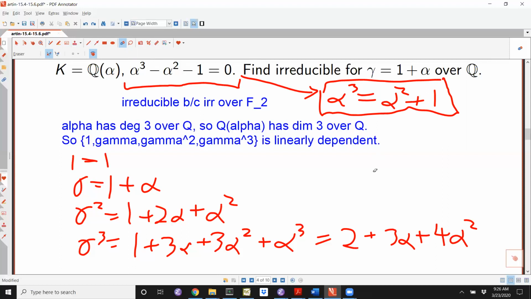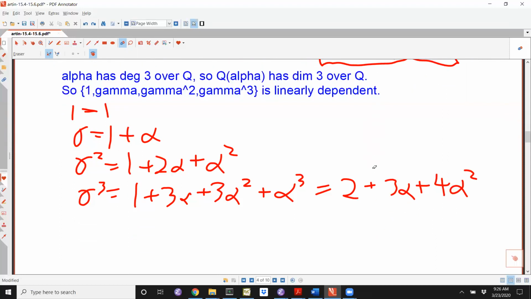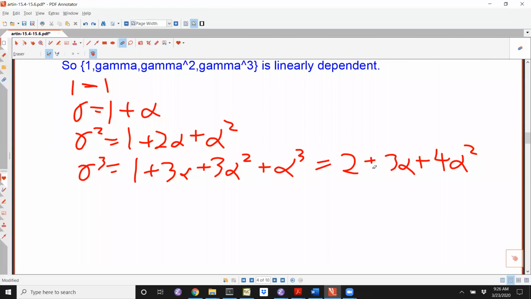So this fact that alpha cubed is equal to alpha squared plus 1 is what allows us to compute here. That was the key point, that we get from here to here, because alpha cubed equals alpha squared plus 1. So does that make sense to everybody? I'm looking at the chat here.